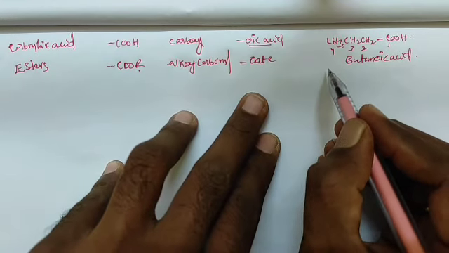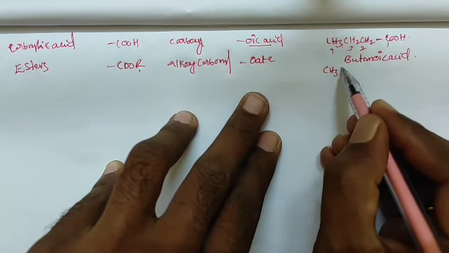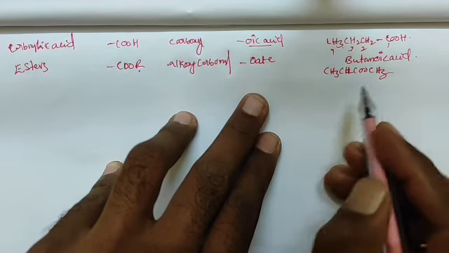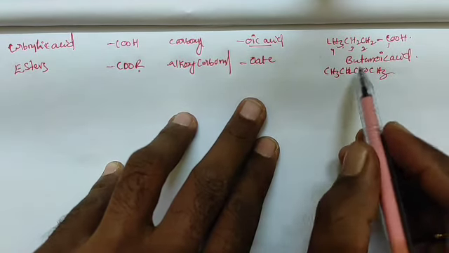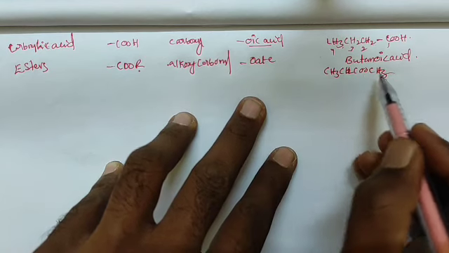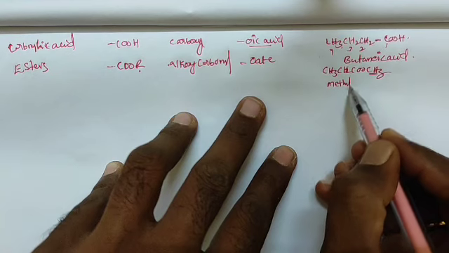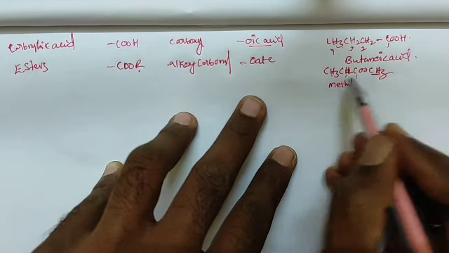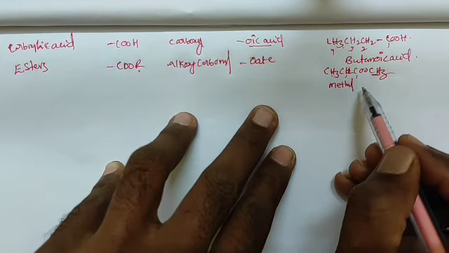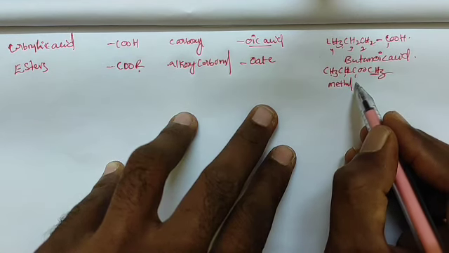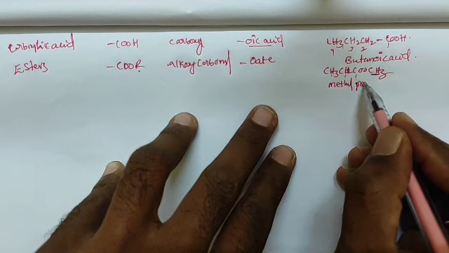Example: CH3 CH2 COO CH3. Now this carbon only is there, and that name we should give first: methyl. 1 2 3, 3 carbons. First the side with fewer carbons, then the higher carbon side. Methyl propanoate.